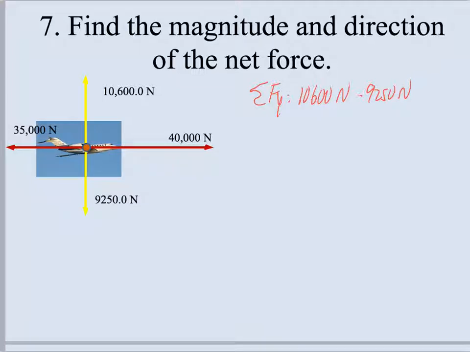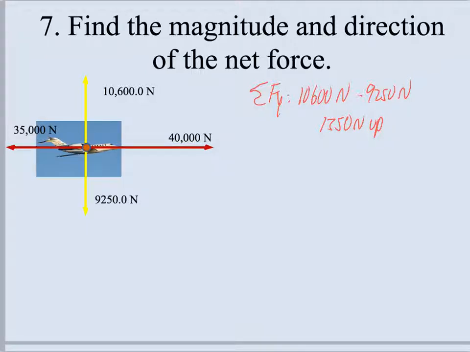Well, when we have vectors pointing opposite ways, we would subtract the two values because they're going opposite directions, and we end up with the sum of the forces being 1,350 newtons up for the y-axis.